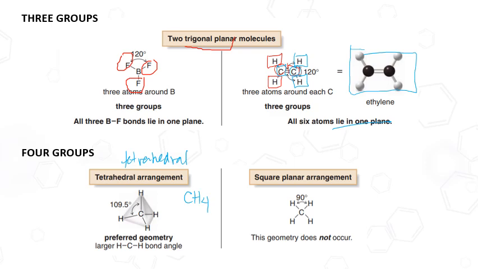Notice that they are separated by angles of 109 degrees. It doesn't look like this. This one looks planar, where your hydrogens are separated by 90 degrees. They're still pretty close to each other in this case, so the optimum or preferred geometry is tetrahedral. So they don't exist like that.